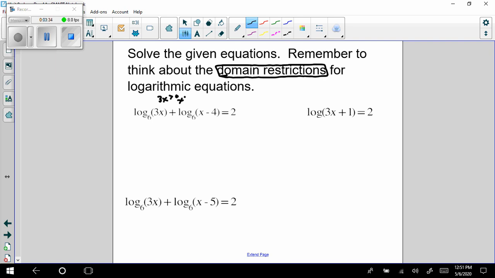X has to be greater than 0, so that's part of the argument, or the domain. And here it's easy enough to see that x has to be greater than 4. So the entire domain takes on the most important one. So my domain on this one is x has to be greater than 4, because it has to satisfy both.